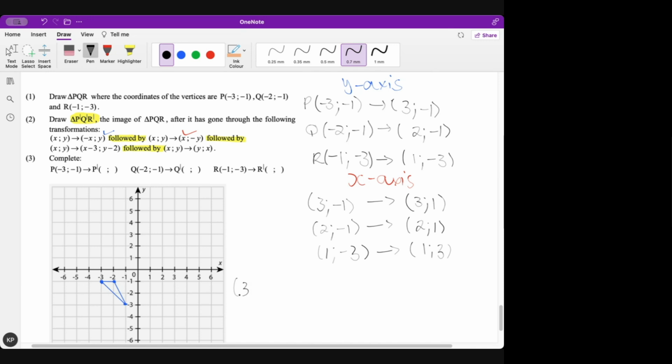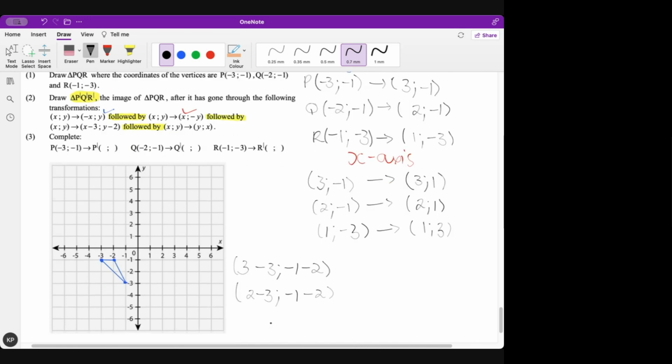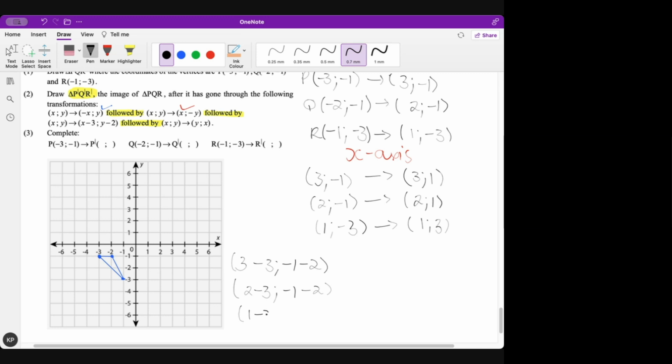So it'll be 3 units to the left: 3 minus 3, -1 minus 2, 2 minus 3, -1 minus 2, and 1 minus 3, -3 minus 2. Great. New coordinates for the first one. 3 minus 3, it's 0 and -3.